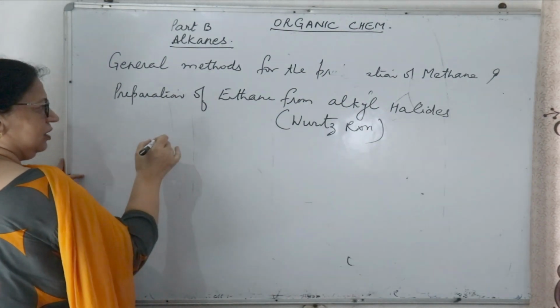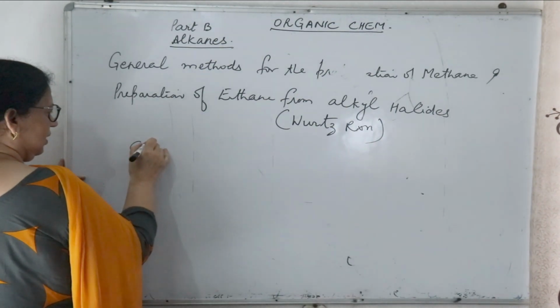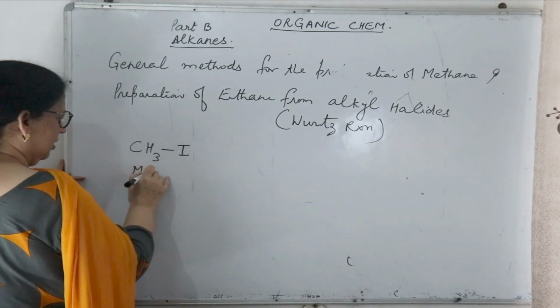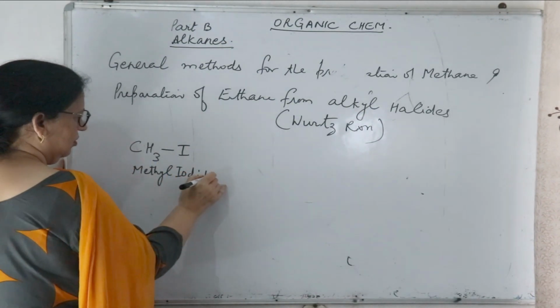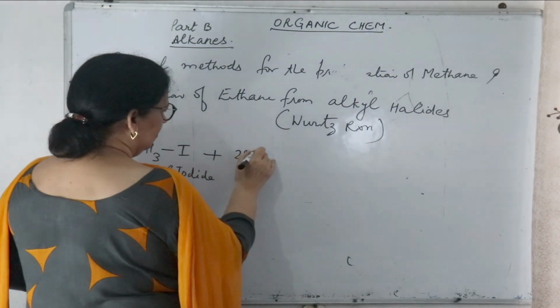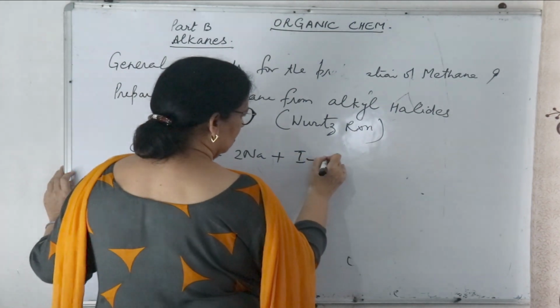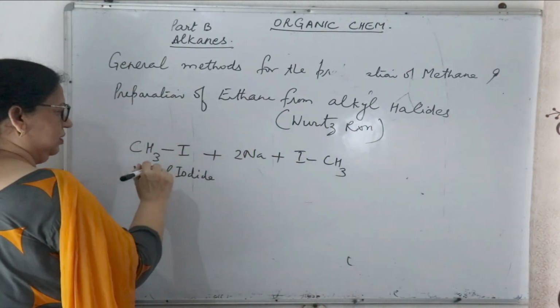Here we have to take alkyl halide, that is CH3I, methyl iodide, plus sodium plus one more molecule of methyl iodide.